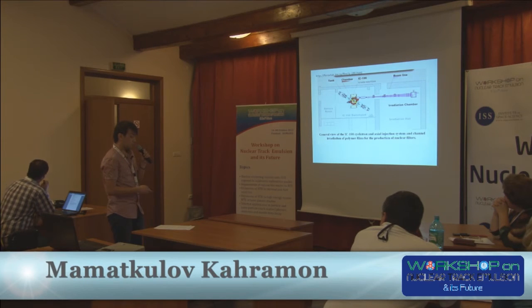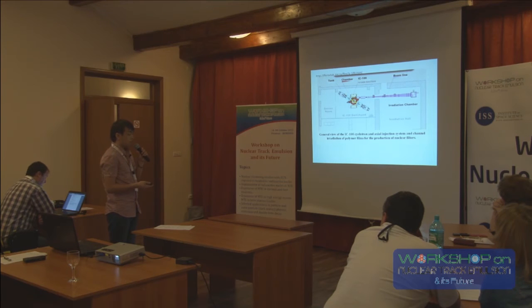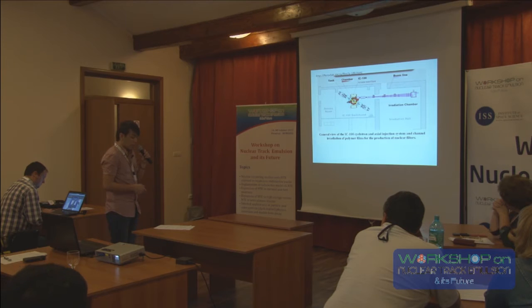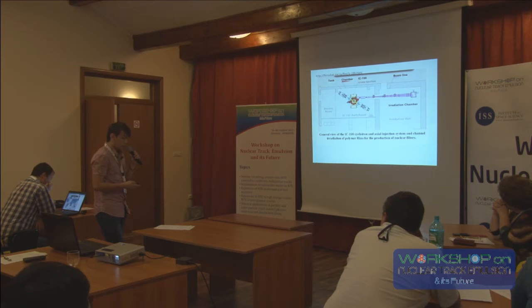Therefore, we had to close all slits in this room with black paper and work under red light as in a photo laboratory. The needed track density was about 10^6 ions per square centimeter, and we needed about 5 seconds of irradiation, which corresponds to the parameters of the accelerator.